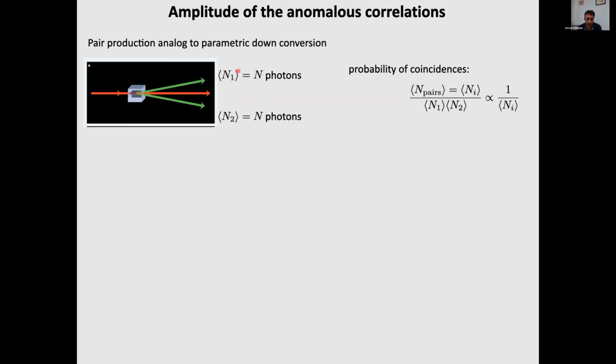Let's say I label them N1 and N2, with N photons, the same number on average. Now if I ask what is the probability to find coincidences, of detecting a photon in 1 and in 2, well, it's the number of pairs, which is equal to the average number of photons in each mode, divided by the product of the two populations. So you see that the probability of coincidences should scale inversely with the population of the modes.